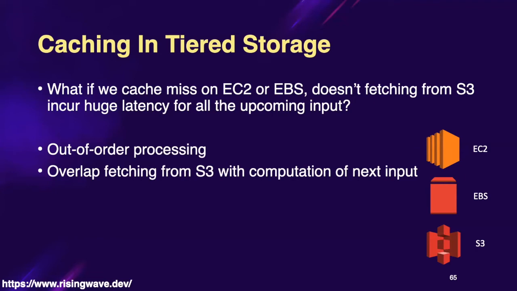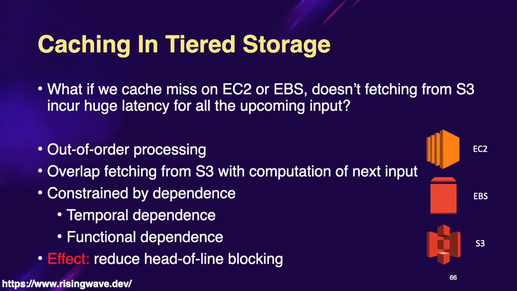So if we have an input record and we want to fetch its corresponding state from S3, at the same time we can use this CPU resource for processing the next input record, right? At the same time, we are fetching from S3. So we don't really have this head of the line blocking issue.